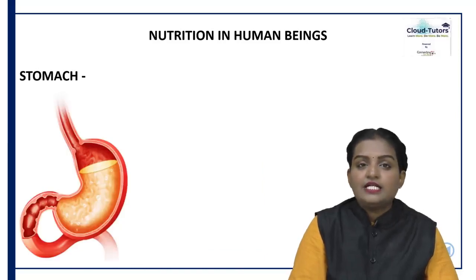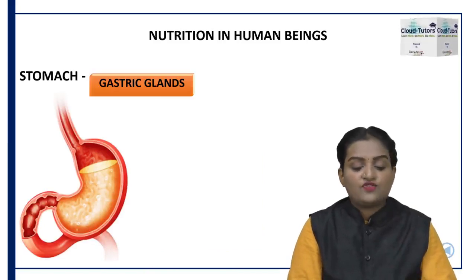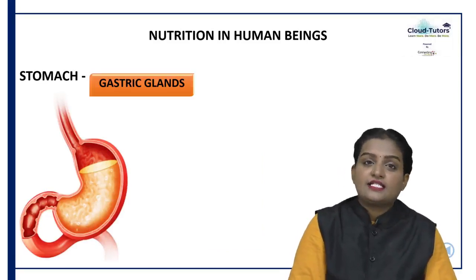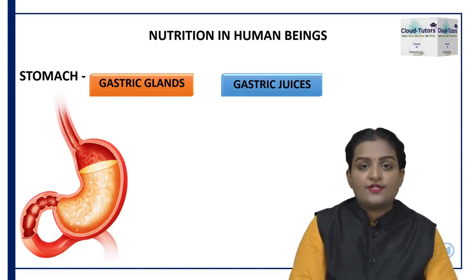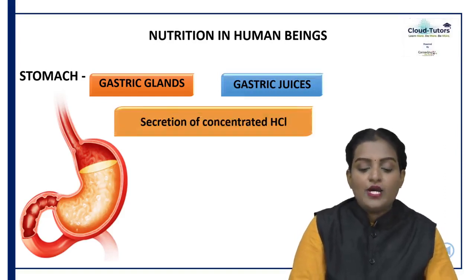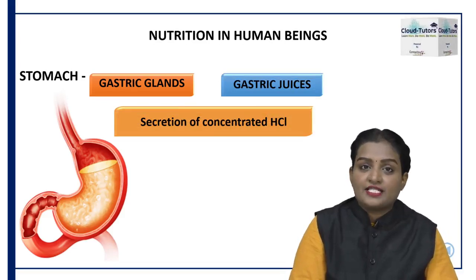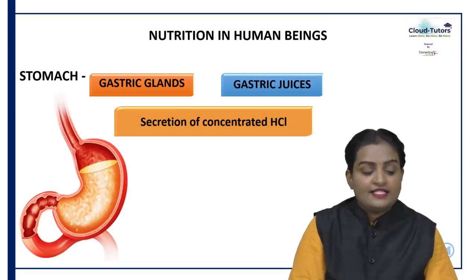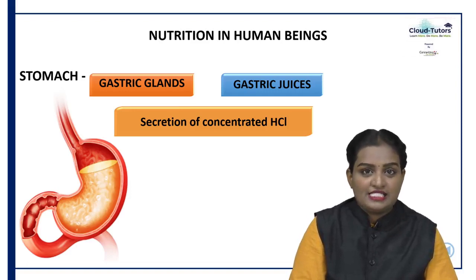In stomach, the digestion occurs because there are certain glands known as gastric glands. These release gastric juices. There are mainly three secretions that we have to remember here. One is secretion of concentrated HCl. HCl, as we know, concentrated HCl has low pH, which can be very dangerous for cells present in the stomach.